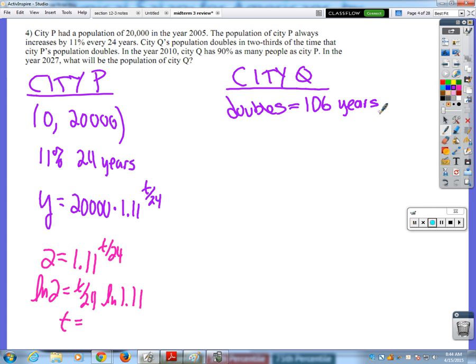Okay, so you plug 5 into that equation, so do that. Yeah, plug 5 in here for T, so it's 5 years after 2005. 2010, so that's 5 years.